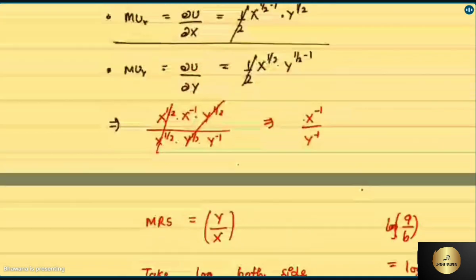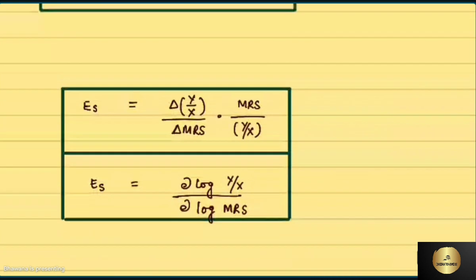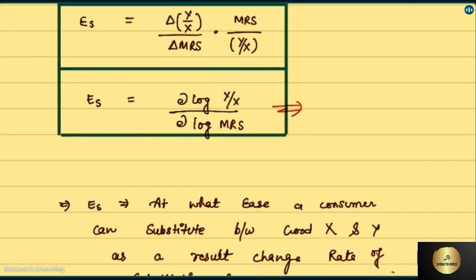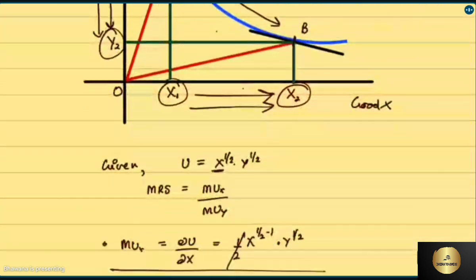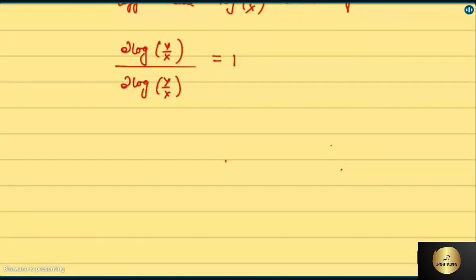And as we know, we derived the formula: this is one of the formulas for elasticity of substitution, d log(y/x) over d log MRS. We have the same formula. So this whole term equals ES. So we got the final expression for our ES. Your elasticity of substitution in case of a Cobb-Douglas utility function will equal 1. Okay.